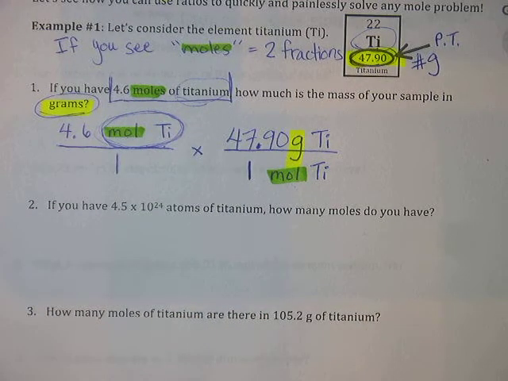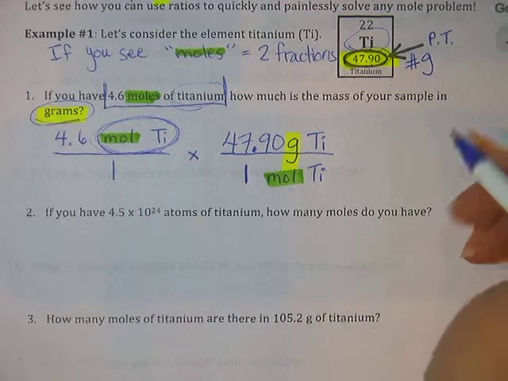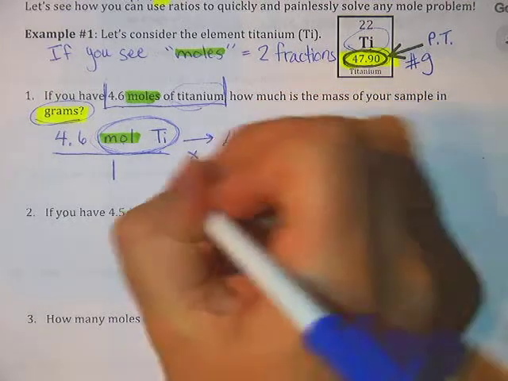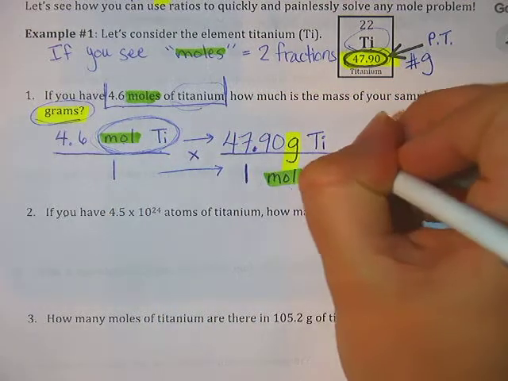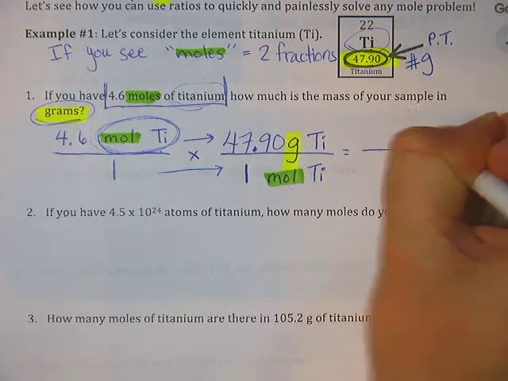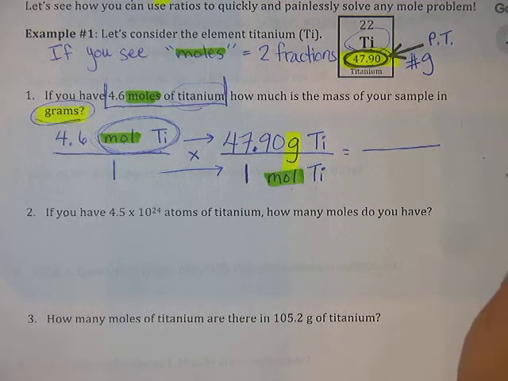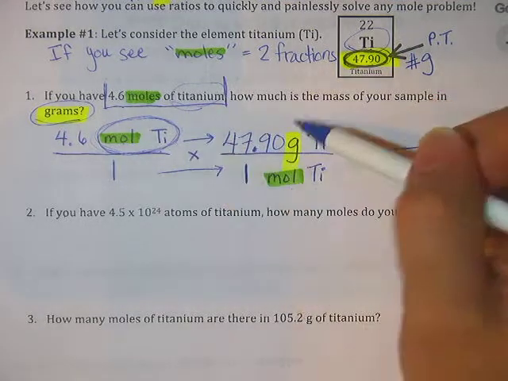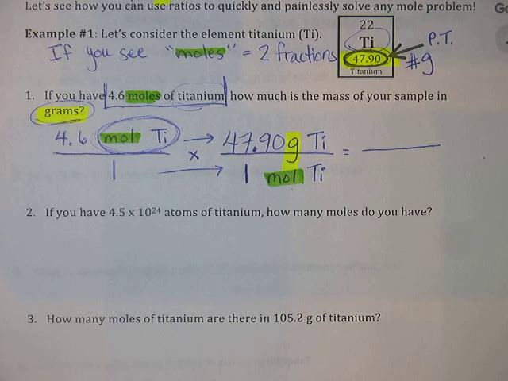From here, all my fractions are filled in, and once all my fractions are filled in, I'm just going to multiply top times top, bottom times bottom, get a new top and a new bottom, and divide, just like we did with the scientific notation problems. Top times top, 4.6 times 47.90.